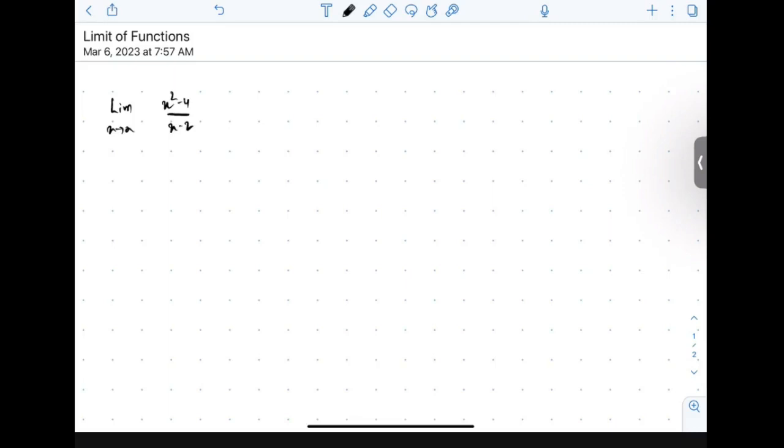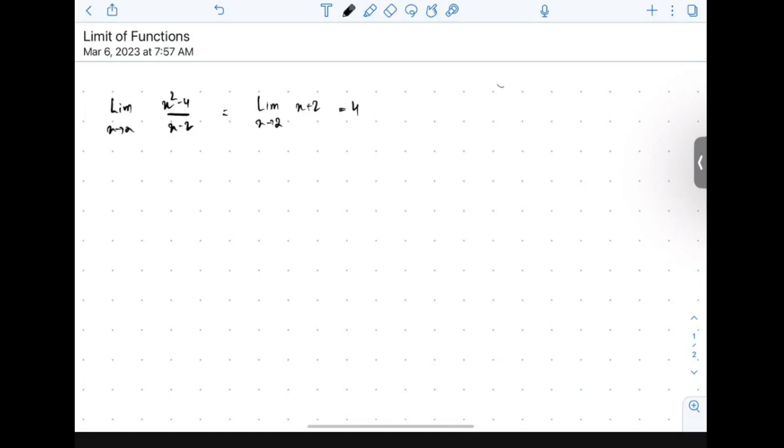If you observe, for x not equal to 2, you can cancel it out, and the expression is equal to x plus 2. In this manner, you can find that the limit is equal to 4. But I had a hard time understanding why it is that at x equal to 2, it doesn't take the value.